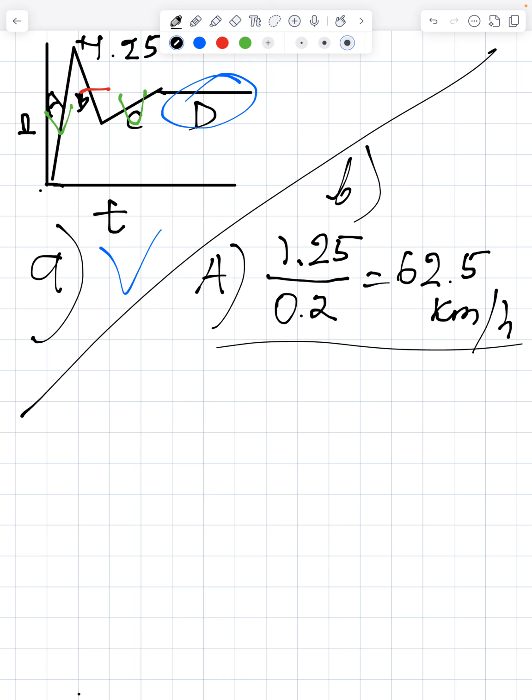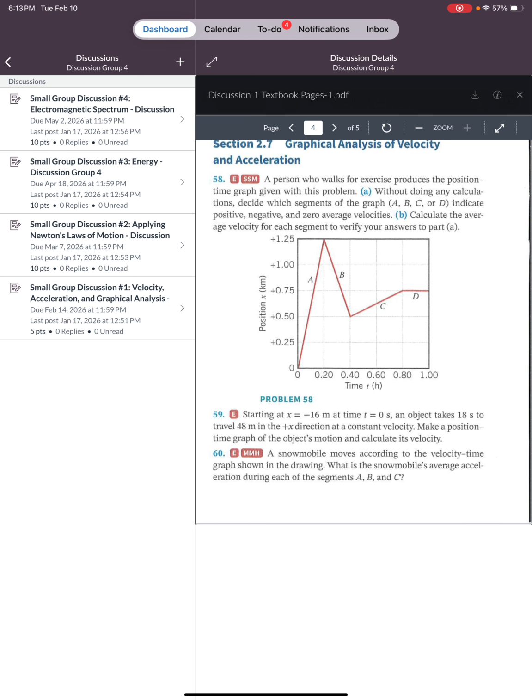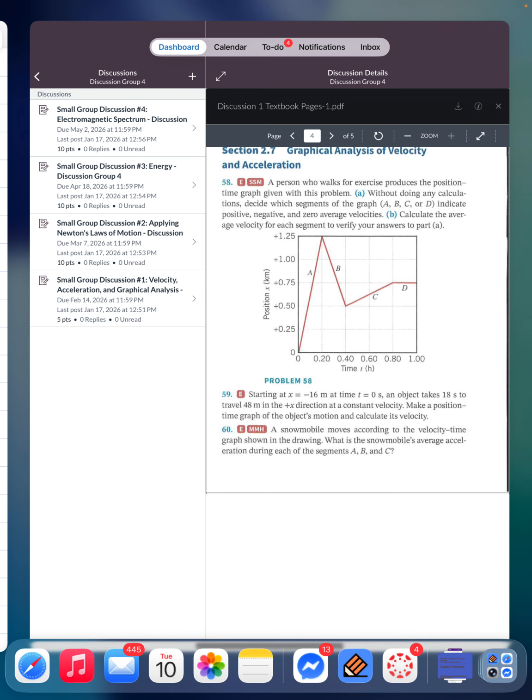Now B, let's look at B. Section B is going from 1.25 down to 0.50. Now 1.25 minus 0.50 is going to be about 0.75. But since the average velocity is negative, we should put the negative sign in there.